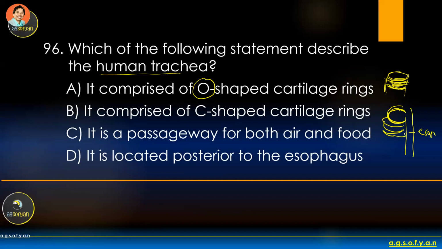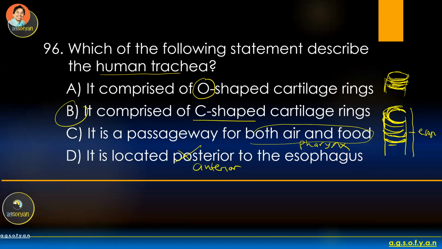It's only closed in the front. So it is composed of C-shaped cartilage rings. Another option, about being located posterior to the esophagus, is not right. It should be anterior, in the front.